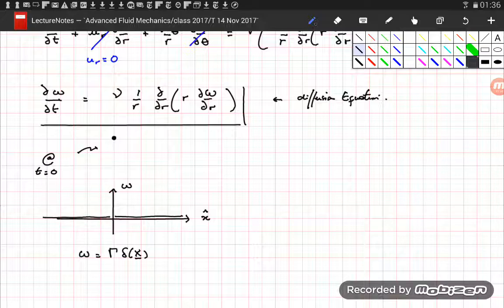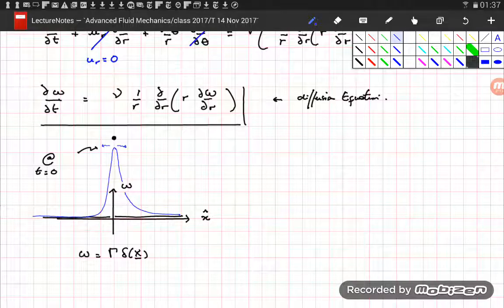Now later on, just imagine what would happen if that was temperature and you just had 0 temperature everywhere, except at one point you have an infinite amount of temperature. Well, you know that the heat will diffuse, but the total energy, so heat, will be conserved. So as this peak broadens, the maximum value is also going to decrease, and what you will start seeing is solutions that look like this. Actually, the solution to this equation is a Gaussian.